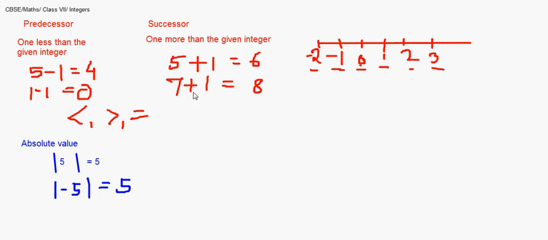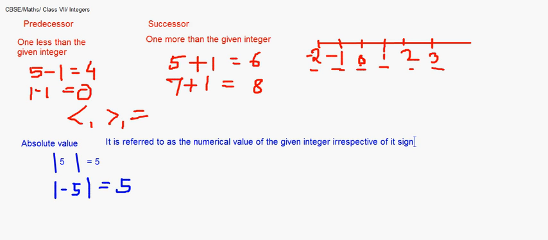I can write it here for your convenience. It is referred to as the numerical value of the given integer, irrespective of its sign, or the sign it carries, that doesn't matter.